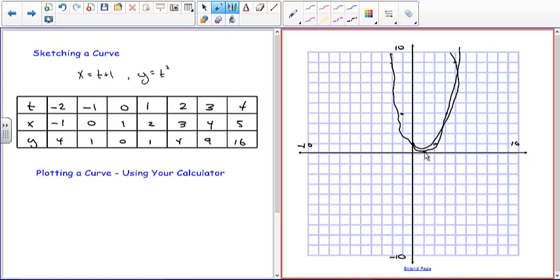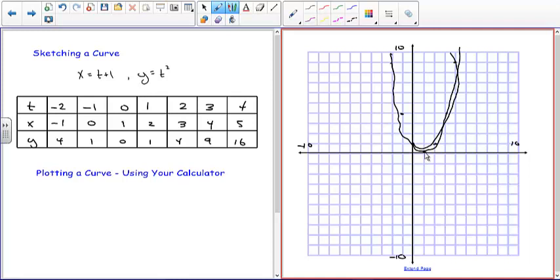So let's go back to the main screen, and go to mode. And you'll see mine's in function. So PAR is parametric, POL is polar, SEQ is sequence. So we want to do parametric as our form. So then quit, and then go to Y equals.